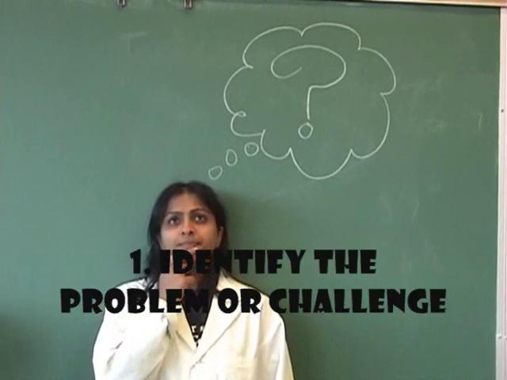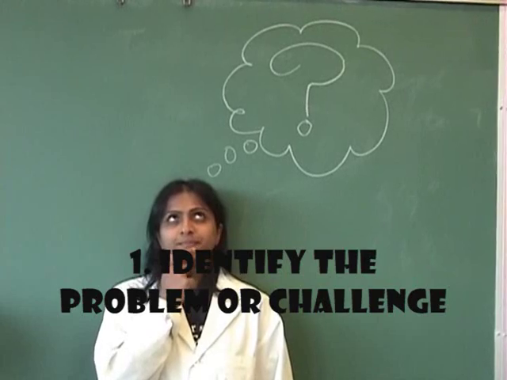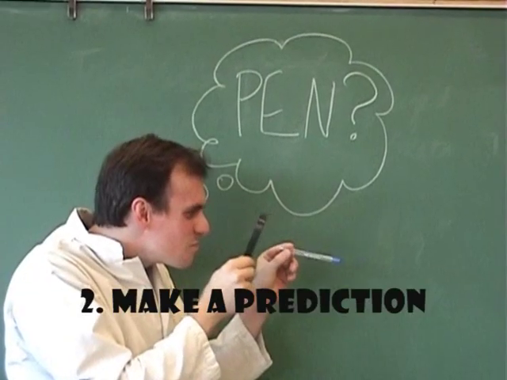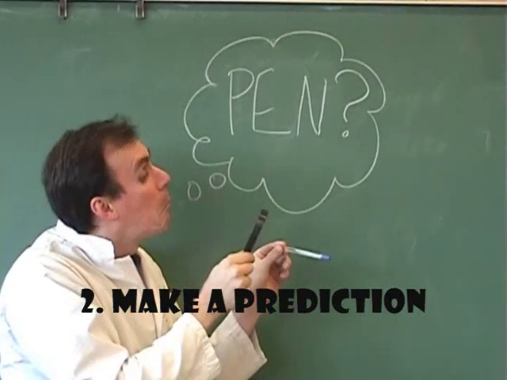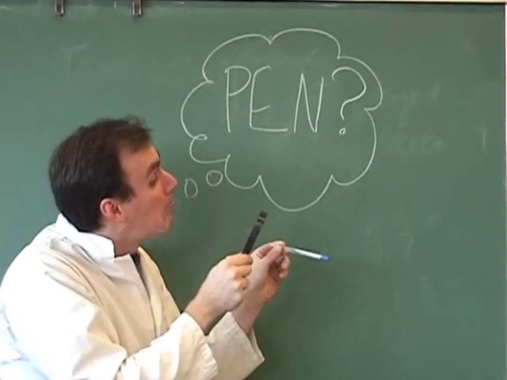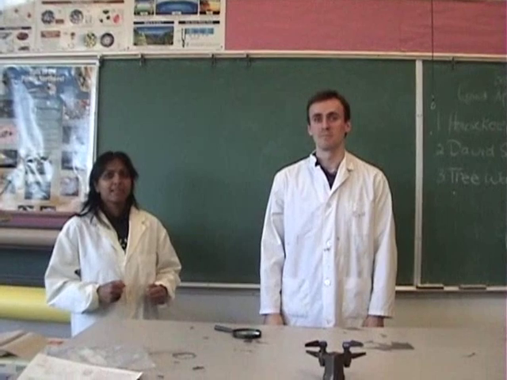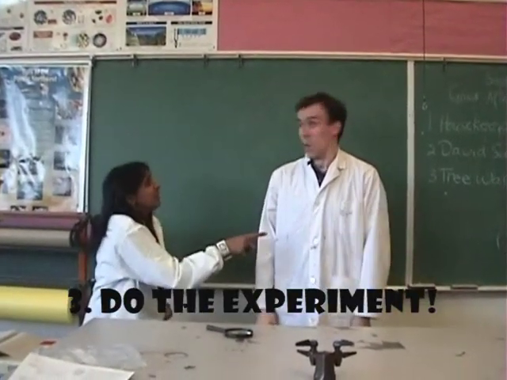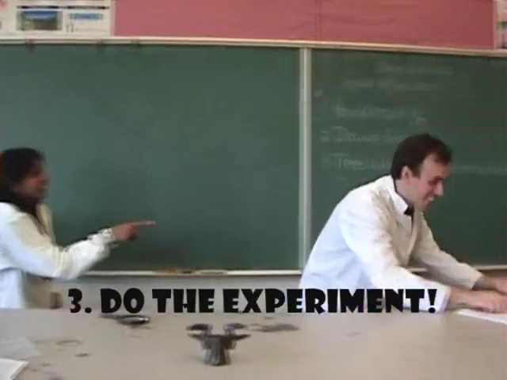Number 1. Identify the problem or challenge. Number 2. Make a prediction about what will happen. Number 3. Do the experiment.